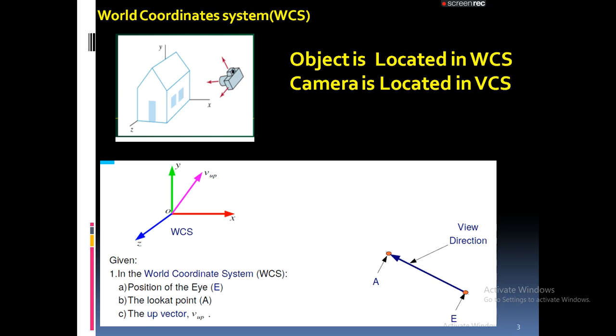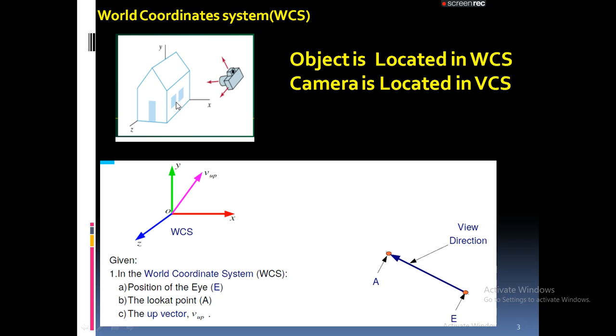First step. See here. In the first step, I have one object in the world space. Assume that one house is there. If any object is there in space, we know that every object in the world has its own coordinates. So assume there is one house here. I specified its position in a world coordinate system.